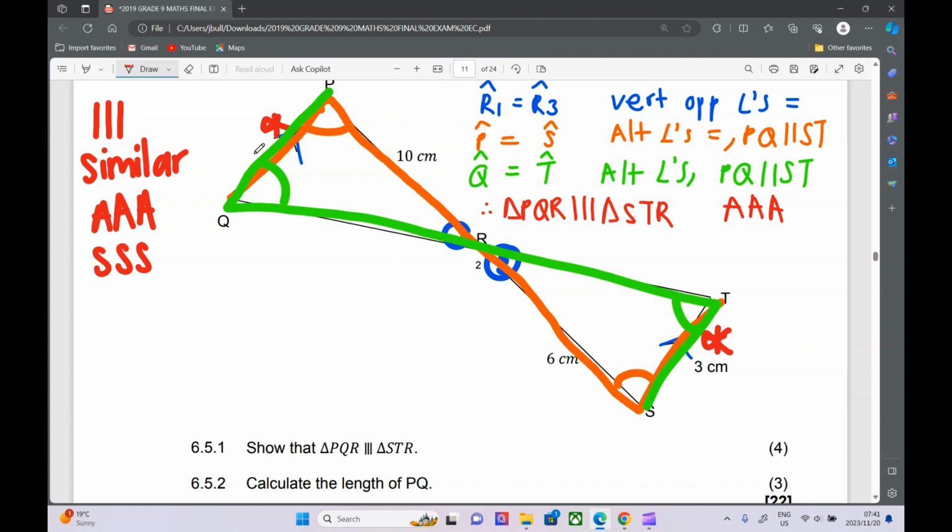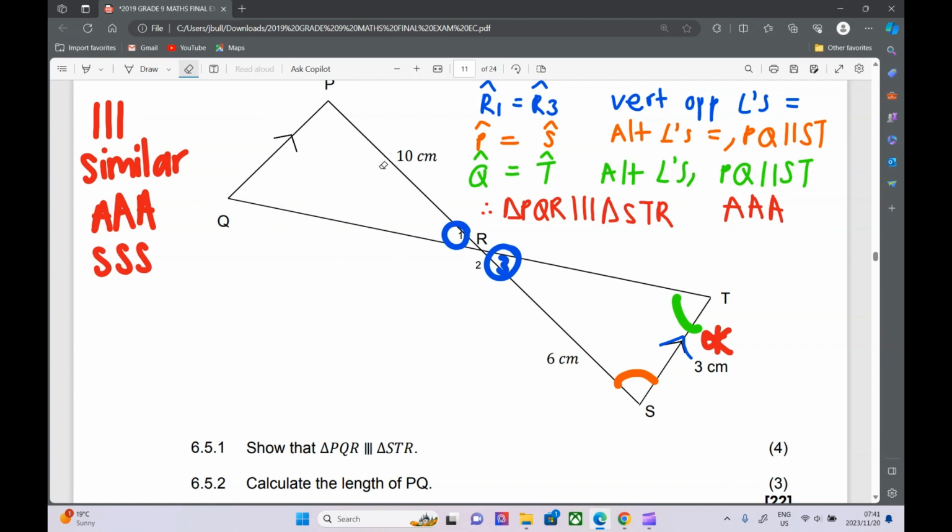Okay, they want us to then use that information to calculate the length of PQ. Okay, so if they are similar triangles, that means that all the sides are in proportion. So this side, let's just check. This P we said was equal to that, and this one is equal to that.